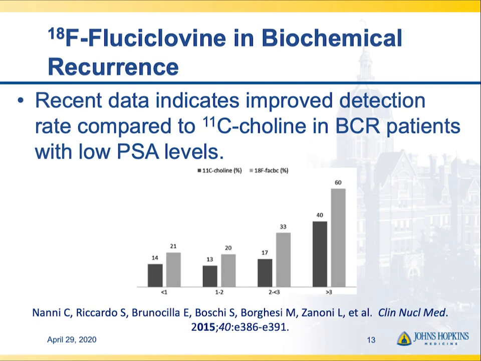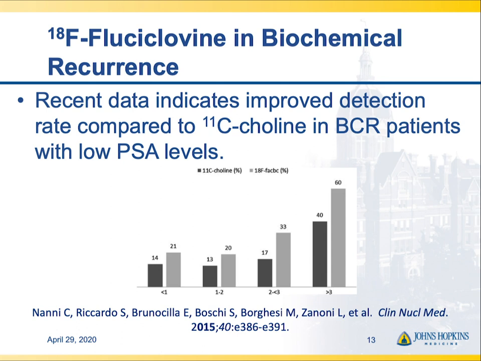I think if you look at the data with Axumin, it does do better than choline at every gradation of increasing PSA. You'll notice the numbers here relative to a couple of slides ago would suggest that this study found choline to be less sensitive than the other study. That is true.